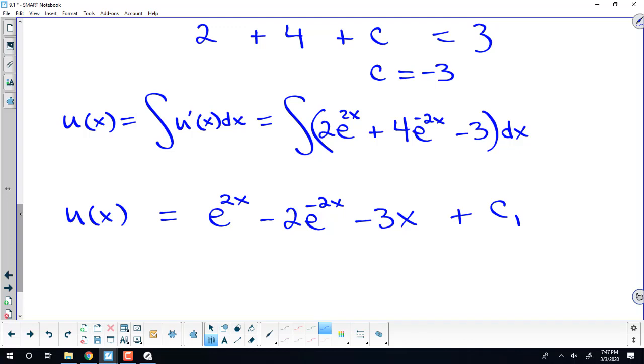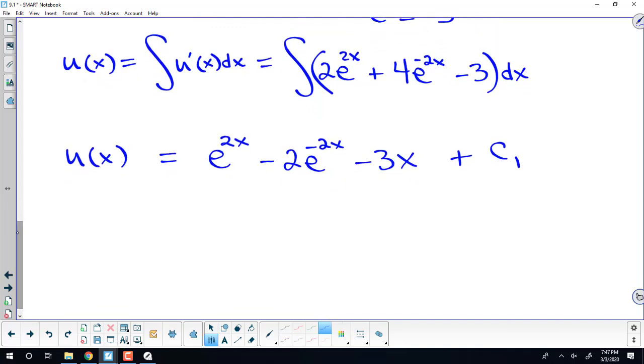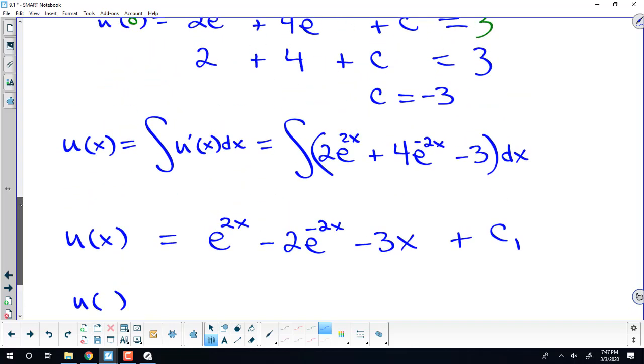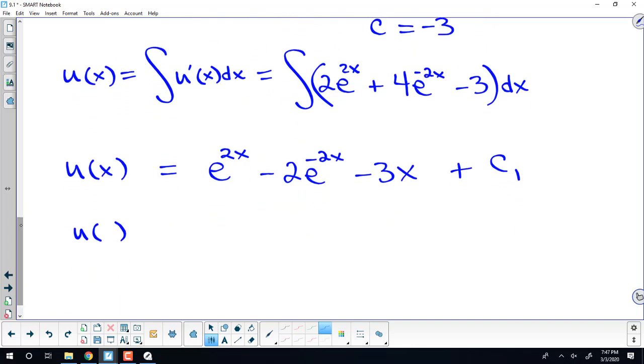So call it C1 or C2, whatever you want to call it. And then we were given that u of 0 is equal to 1. Could you just call it C since there's no other C in that equation? Yeah, you can call it C, because we don't have another C. Well, technically our C was negative 3.